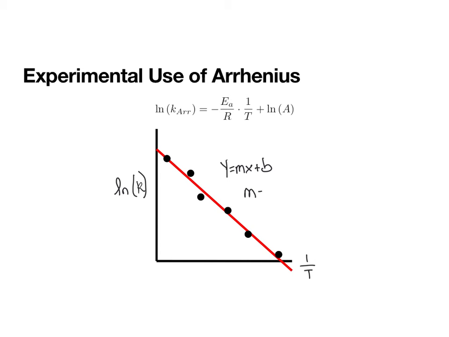And so our slope is going to be equal to minus EA over R, and our intercept is going to be equal to the natural log of A.